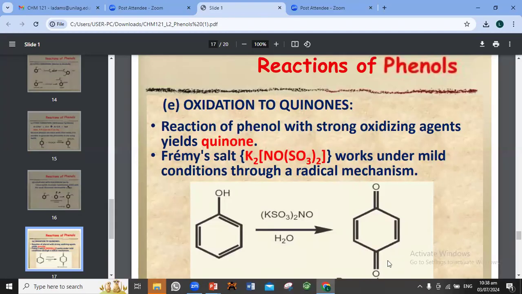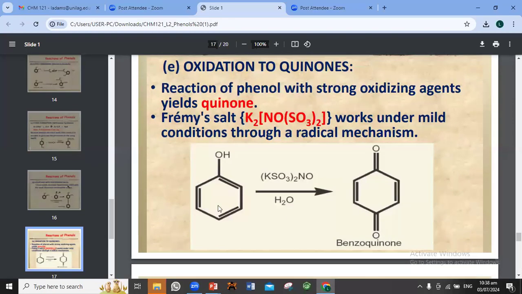It introduces a new oxygen group here. So phenol gets oxidized to a quinone. This one is benzoquinone, double bond O, double bond O.